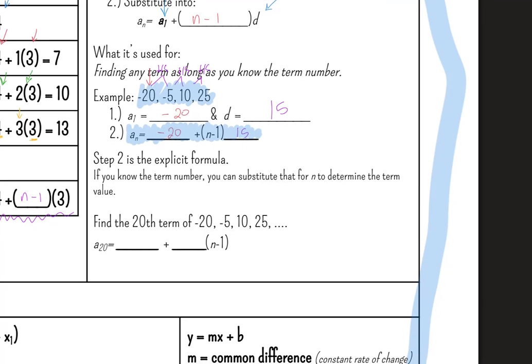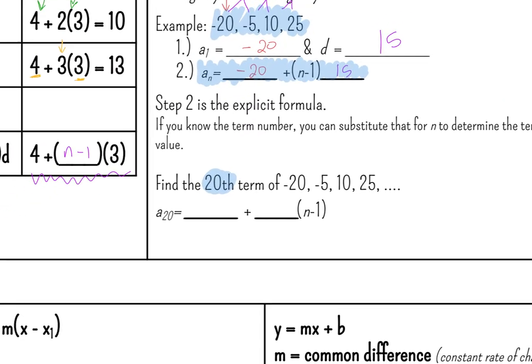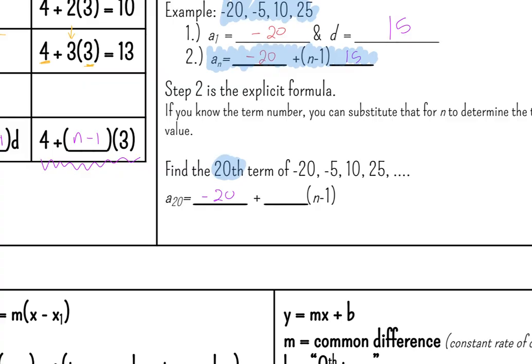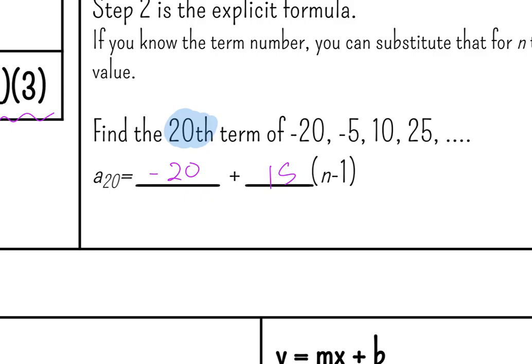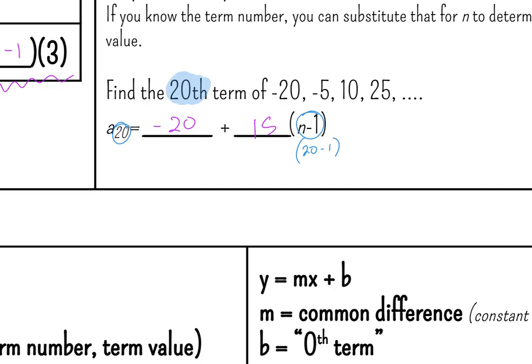So, step 2, the explicit formula, they're saying, all right, what if you wanted to find the 20th term? Well, let's do it. You would do negative 20 plus 15 times n minus 1. Well, hold up. N is 20, so this is 20 minus 1. So what it ends up looking like is negative 20 plus 15 times 19. Why 19?